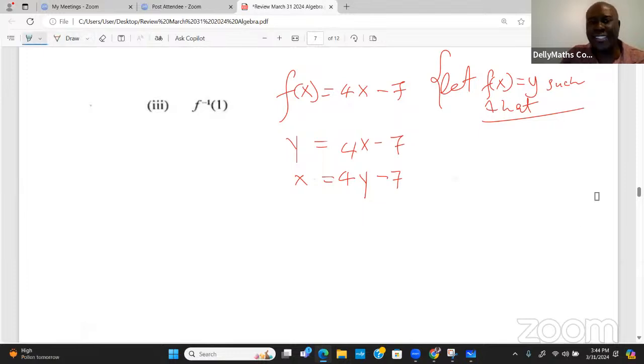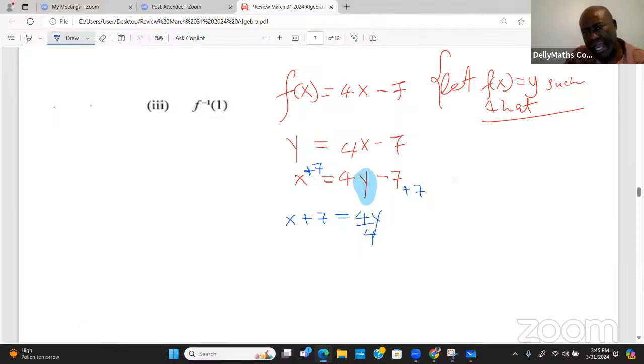So we're going to try to isolate this. In order to isolate that, and to not stress ourselves too much, let's add 7 to both sides. So what we do have is x plus 7 equal to 4y. Remember, the aim is that we want to have y by itself.